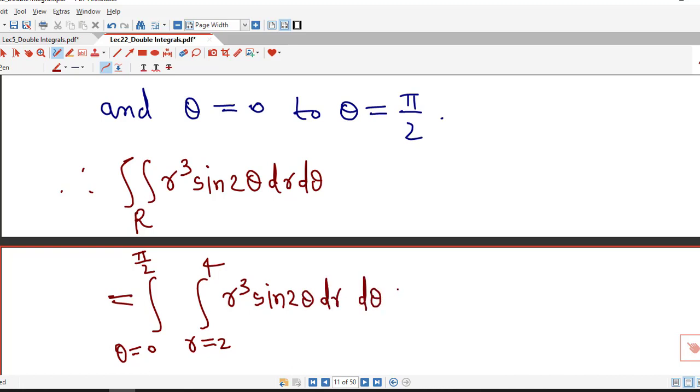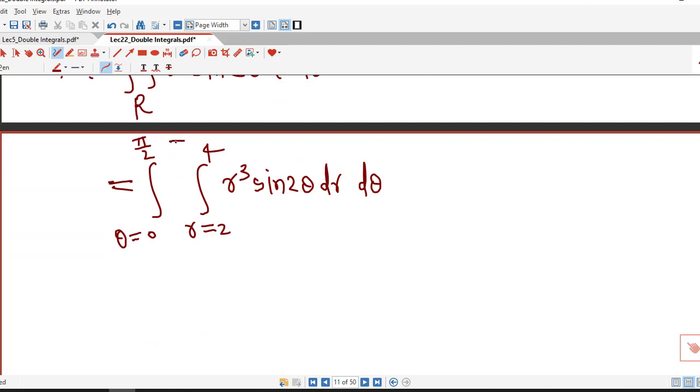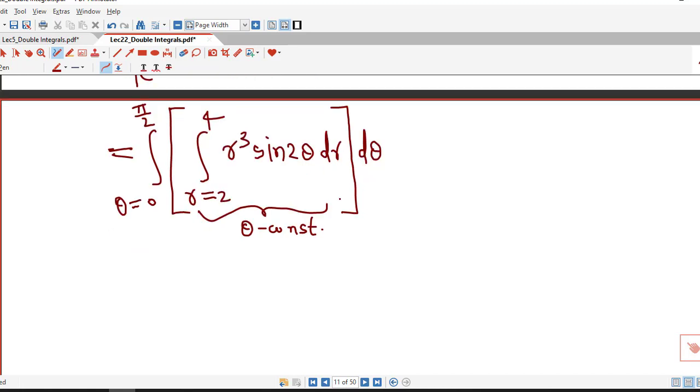First we integrate with respect to r. For this inner integral we have theta, so while integrating with respect to r, we consider theta constant.